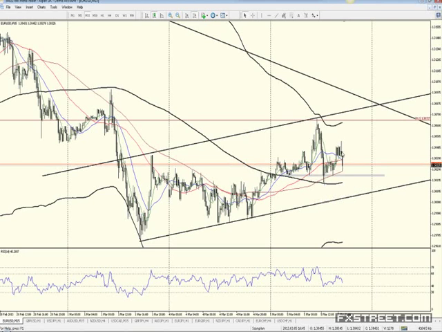So we get a pullback. I'm anticipating some type of price action like this, to test this rising trend line, and if we do fall back below 1.30, we're likely to break back below this trend line, and it would be another signal of a bearish continuation.